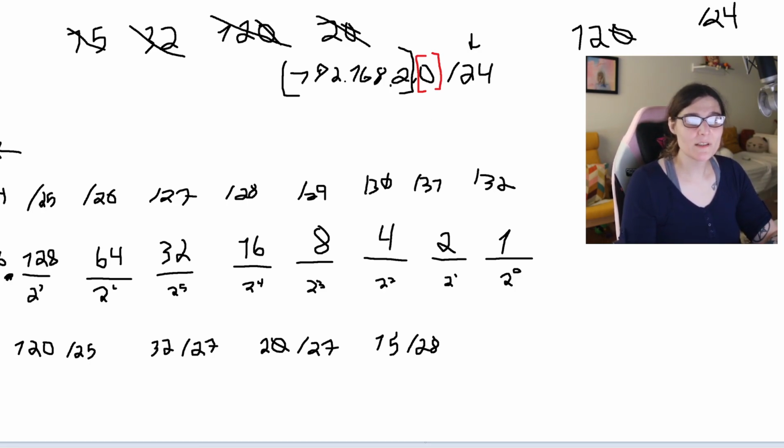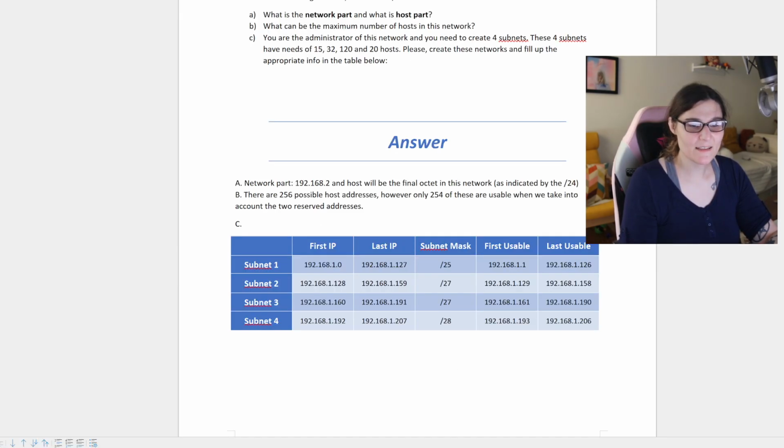So the first one, we'll do these in black and then we'll put the subnet part in red. So 192.168.2.0. That's the first address, right? We'll go back to this. That's the first IP address.